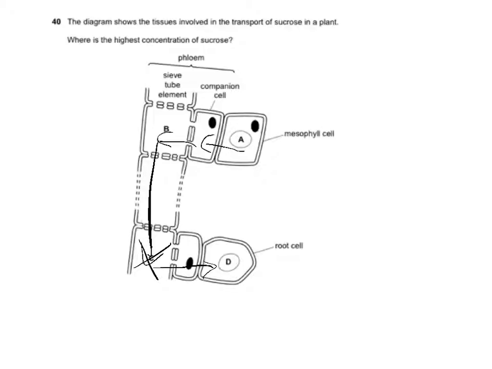Likewise, this movement, C to D, is a relatively passive process, so that's not going to be higher. You have an accumulation of the sucrose in B. Remember, it's a double stage jump from here to here. So actually, the concentration in B is going to be higher than the concentration of A. So there's your answer, B.